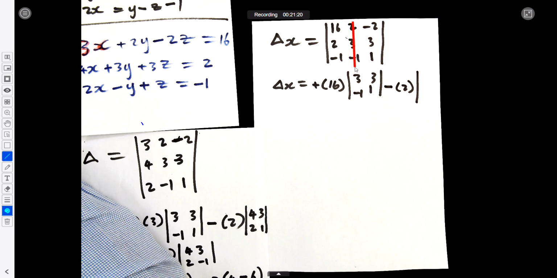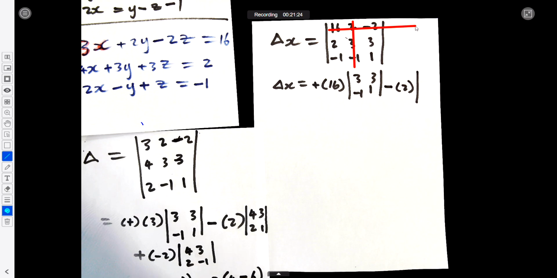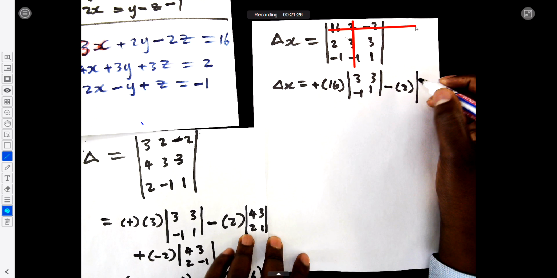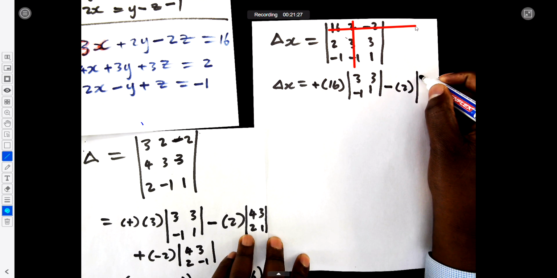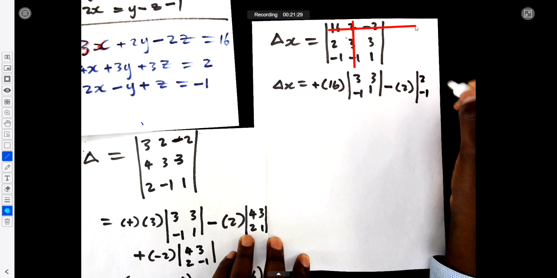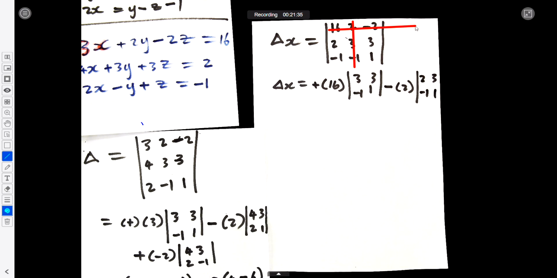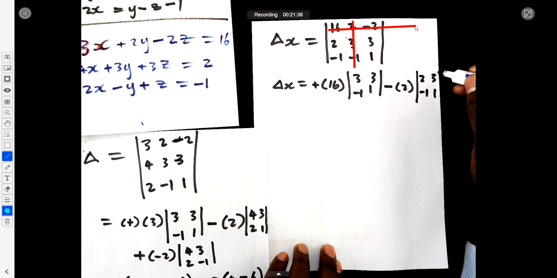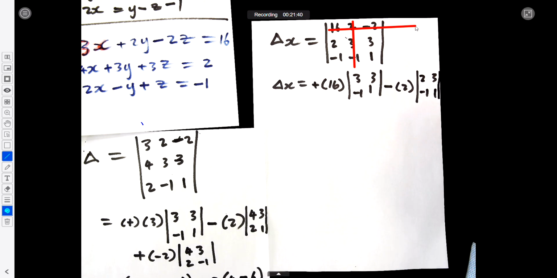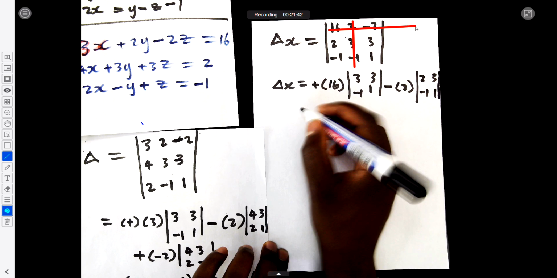You eliminate vertically and horizontally from element 2. The remaining elements are the minor, so it's negative 2, negative 1, 3, and 1. So that is the minor of element 2. Always close.